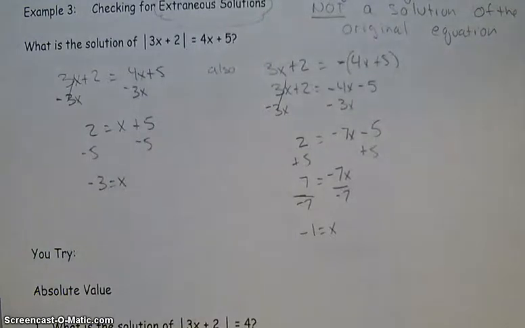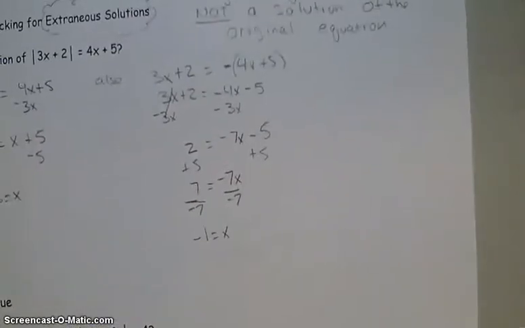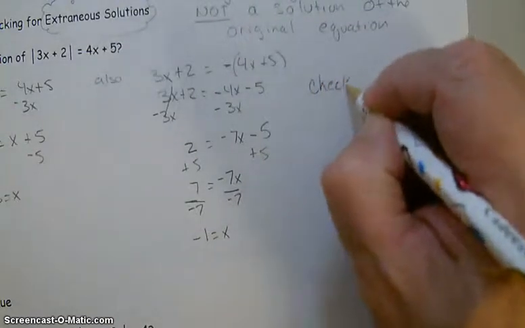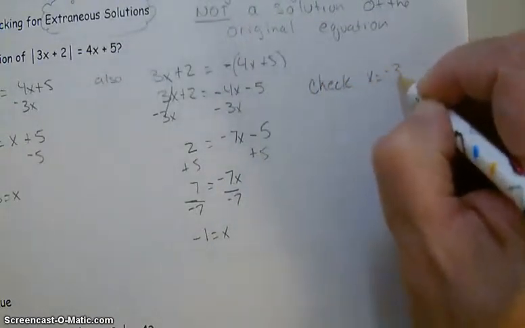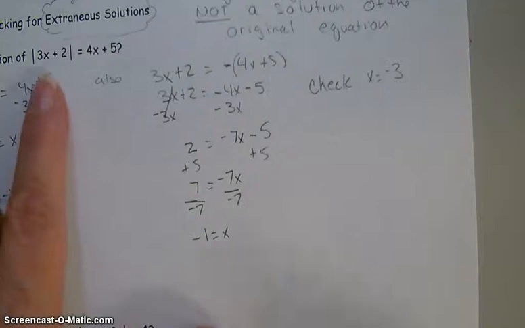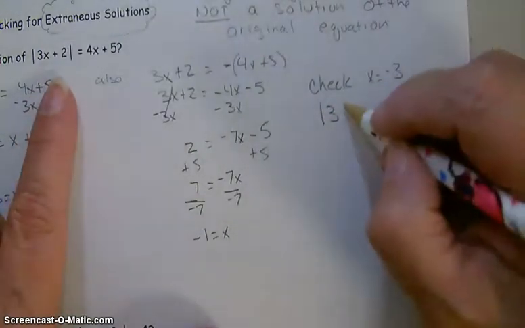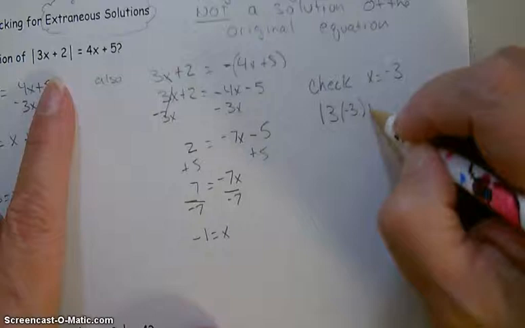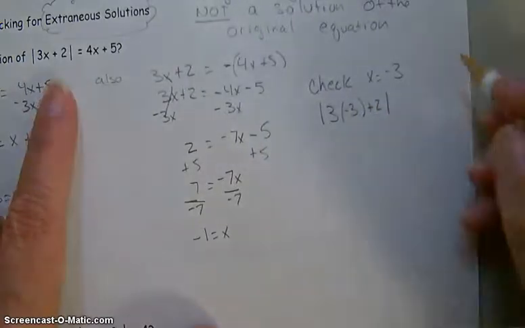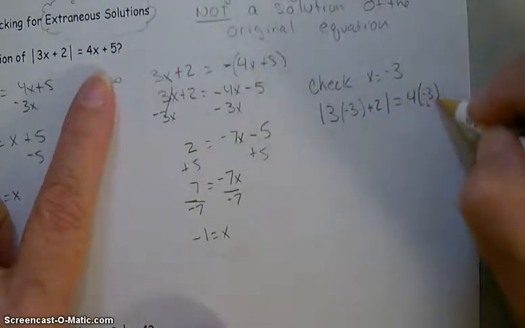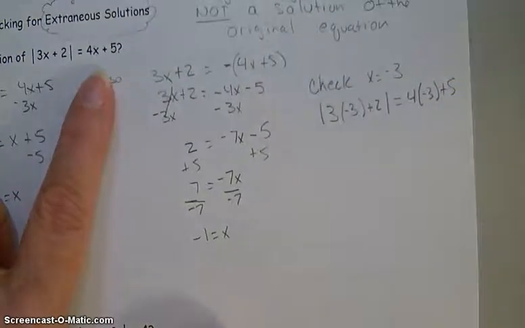So this is when we have to go back in and check our solutions. So let's start with x equals negative 3. So I go back to the original equation. So I have the absolute value of 3 times negative 3 plus 2 is equal to 4 times negative 3 plus 5.